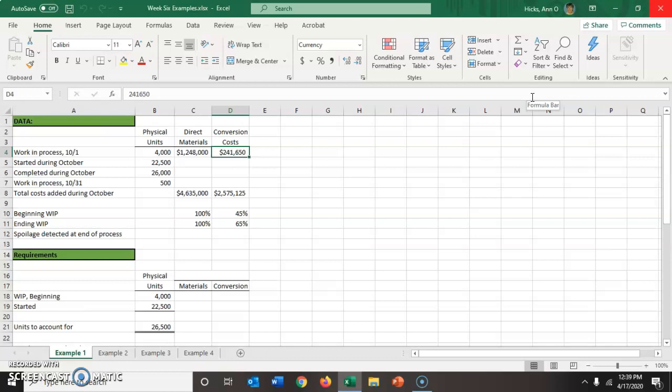You may remember from last quad, conversion costs include both direct labor and manufacturing overhead. In other words, those costs that are necessary in order to convert the direct materials into the final product. We are going to treat them as one lump sum under the assumption that they're added similarly throughout the process. Okay, so beginning WIP, 4,000 units, 1,248,000 in direct materials, 241,650 in conversion costs.